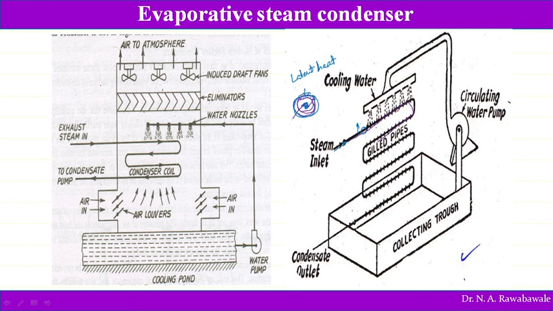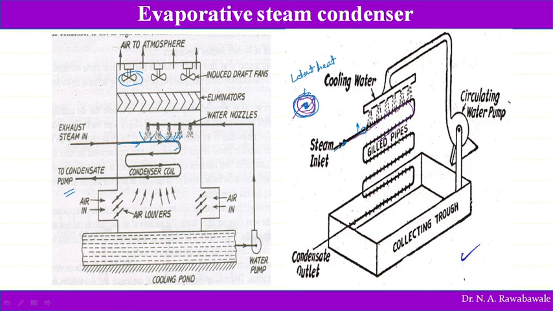How does this steam condenser work? Exhaust steam is passed into the coil and water is sprayed on this coil. When water is sprayed, the steam passing through the tube gets condensed and that condensate is collected here. Fans are provided at the top in order to circulate air.